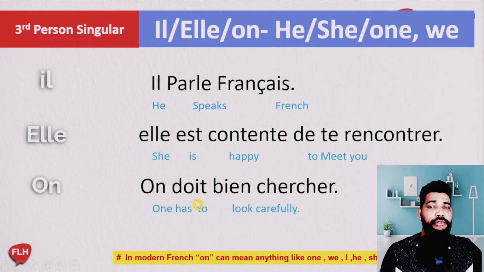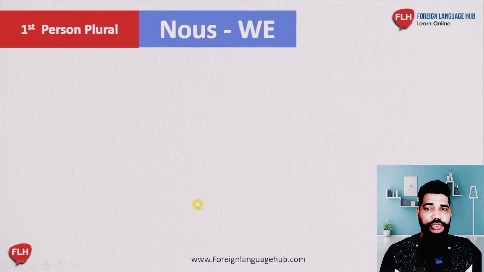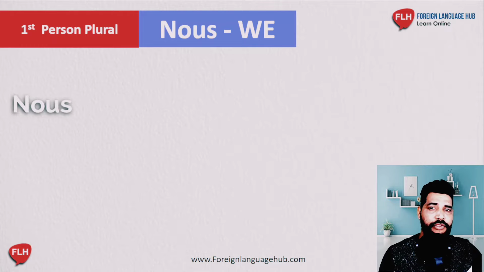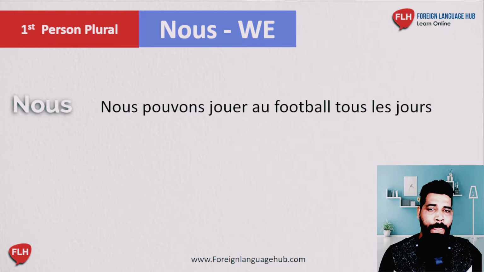Moving on to the next one, which is first person plural. Now nous, or we, is the plural form of je. Nous pouvons jouer au football tous les jours.